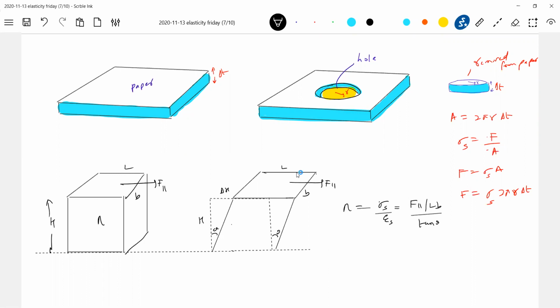And tan theta is delta x by h. So the strain is delta x by h, and further this becomes theta. F parallel by LB, or this F parallel LB theta. Fine, okay.